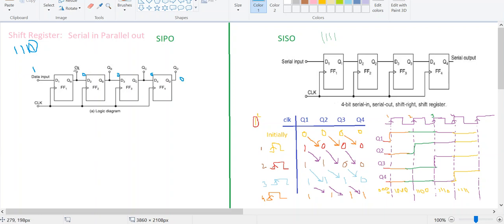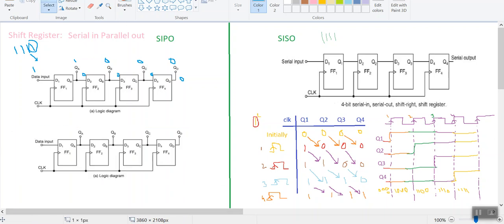Now you will get your output at this particular point as 1 0 0 0. At each position you are getting your output. You are not waiting until the last point. And then you give your next bit as one more 1, and therefore you will get your output.